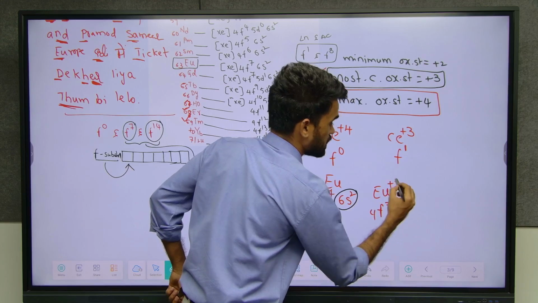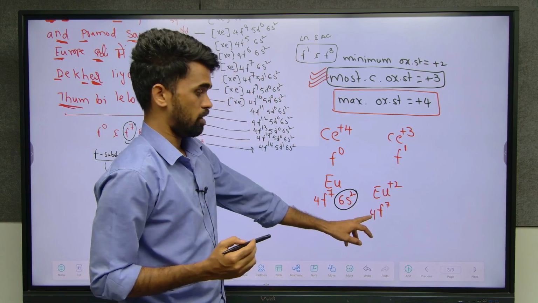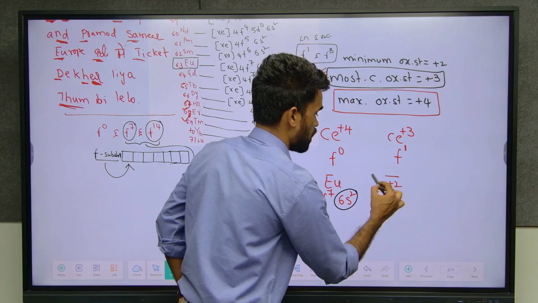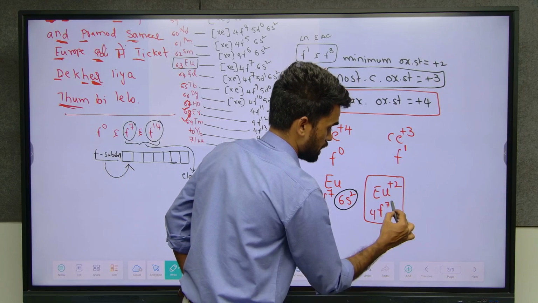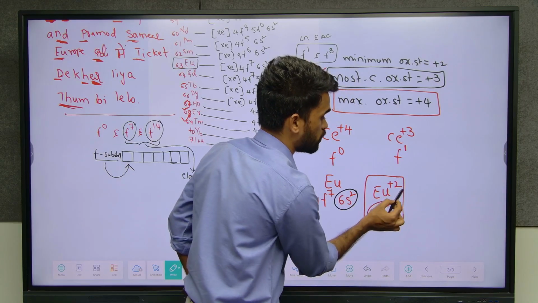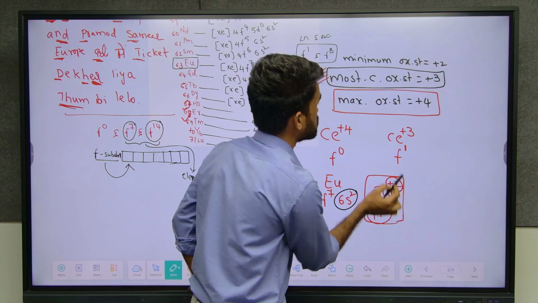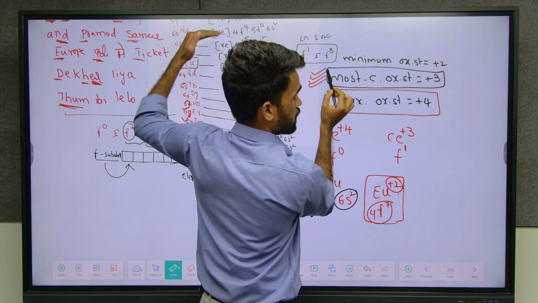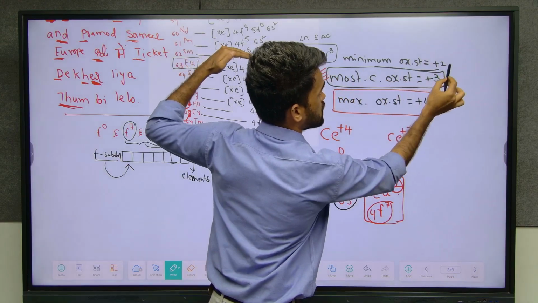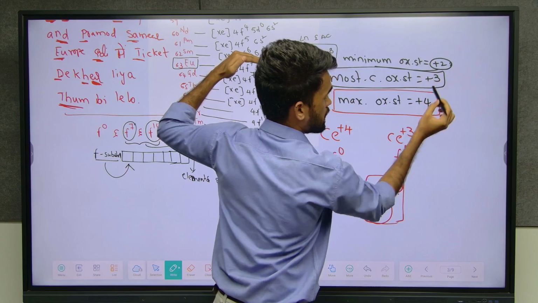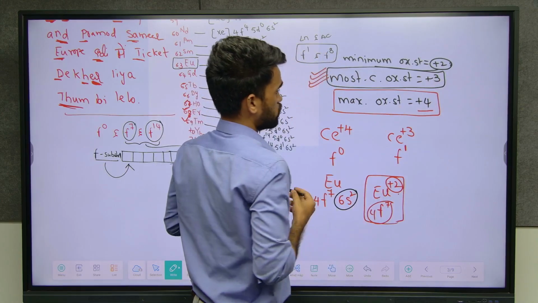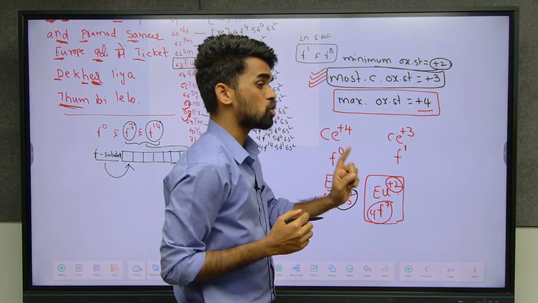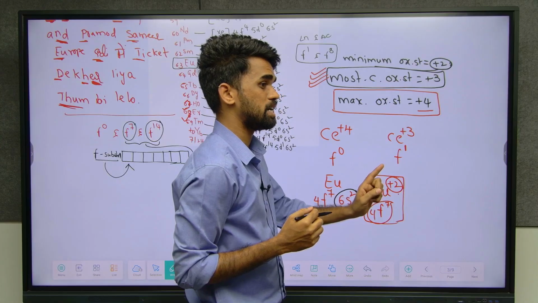It means in +2 it will be 4f7. So this is a stable electronic configuration. So europium can show what is the minimum oxidation state? +2. That's why for lanthanides the minimum oxidation state is +2, maximum is +4.